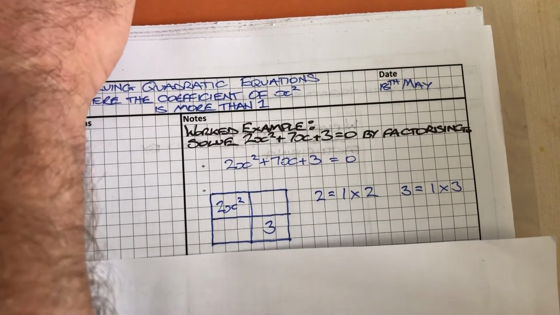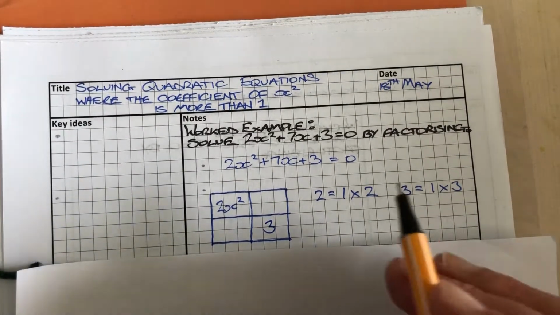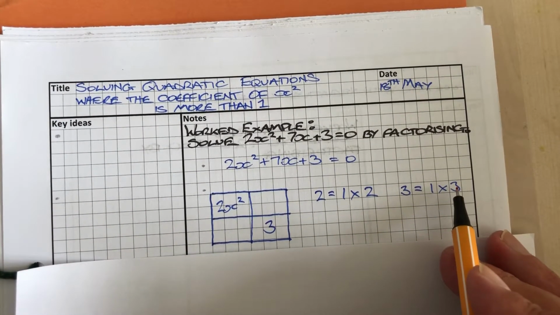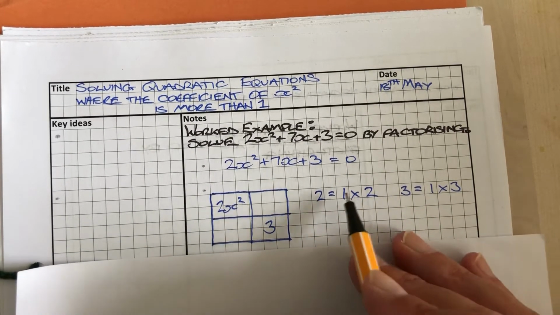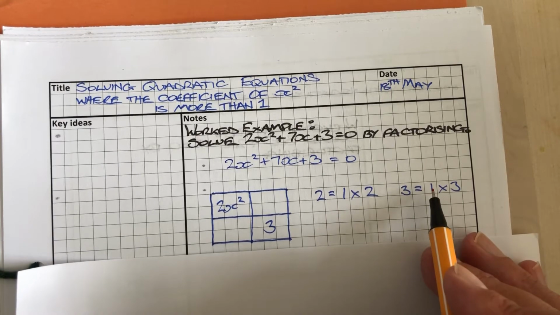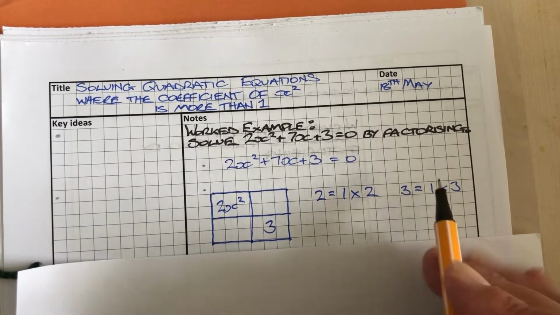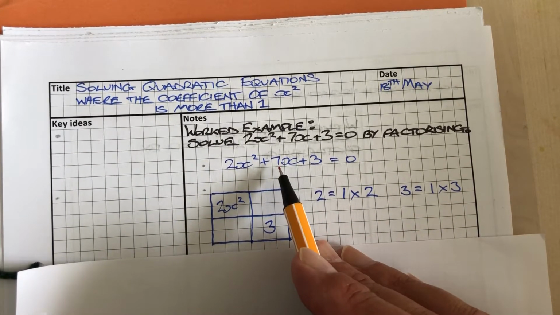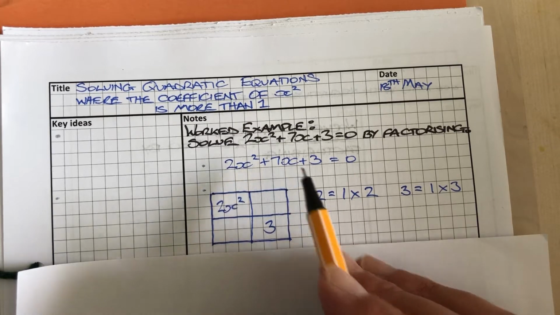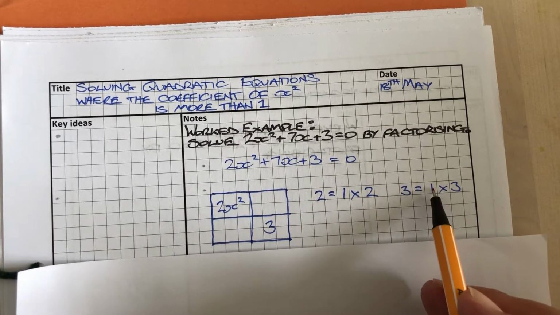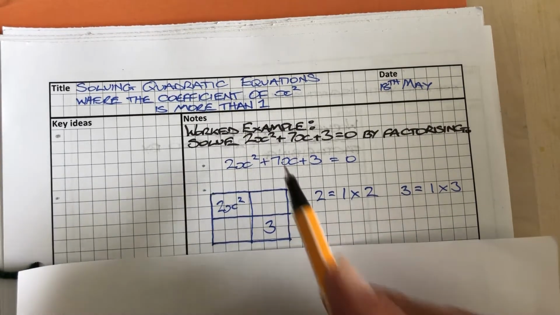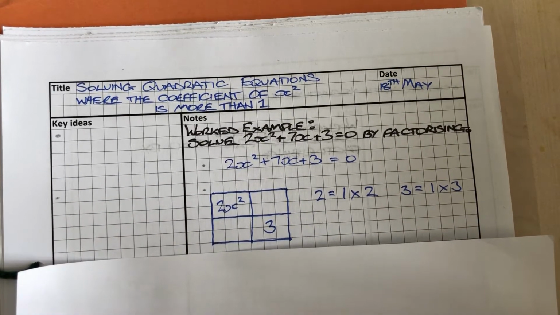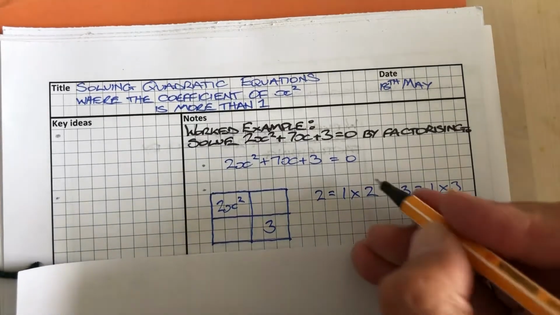So you might think, okay, let's go 1 times 3 is 3, 2 times 1 is 2, add those together gets 5, it doesn't make 7. So it's not that. But if I went 1 times 1 is 1, and 2 times 3 is 6, those do add together to make 7. So it's a bit of trial and error, trying things out.